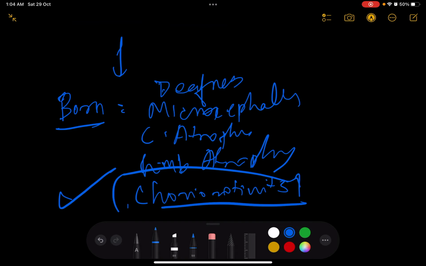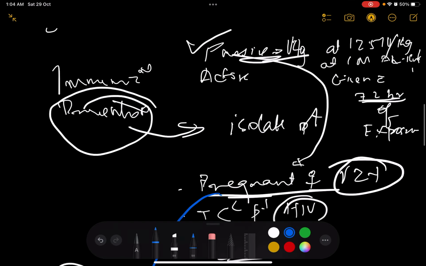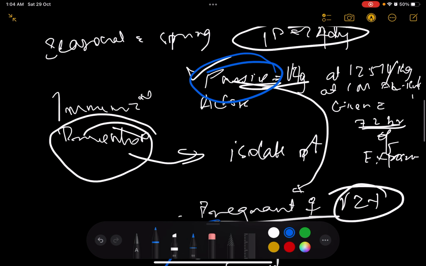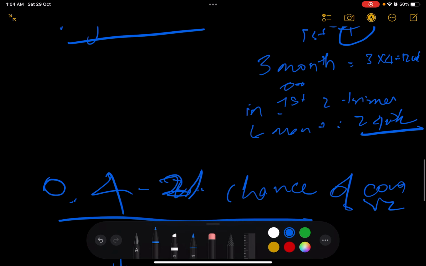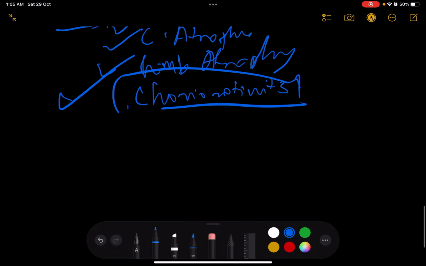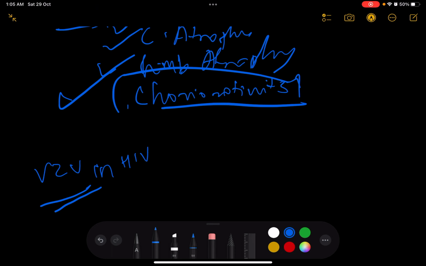So all of these diseases have to be kept in mind, because this is where the use of your passive IgG, passive immunoglobulins, is very useful in making sure that the pregnant mother is not delivering a congenital varicella zoster child. Okay, and if there's an HIV patient, why should you again give antibodies?